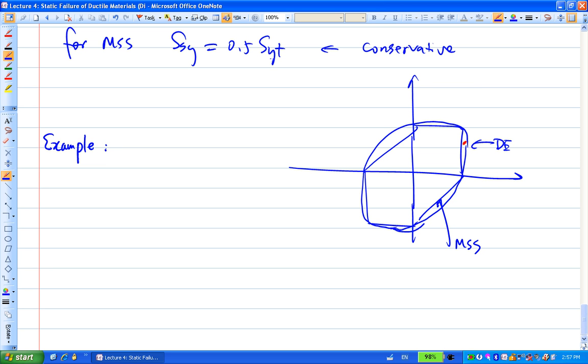Let's say I have a material, hot rolled steel. The steel has an SYT value of 100 KSI.